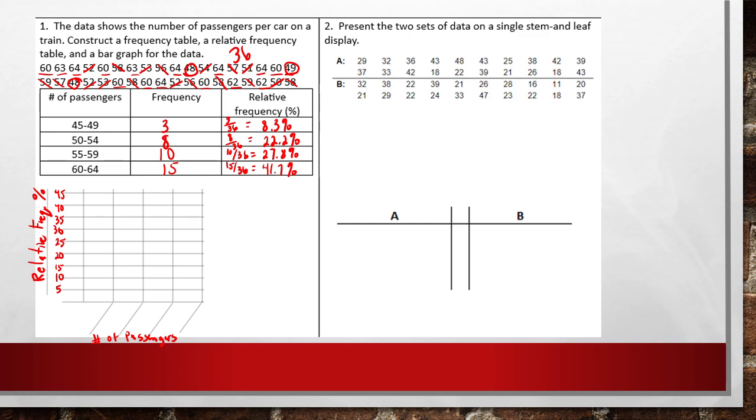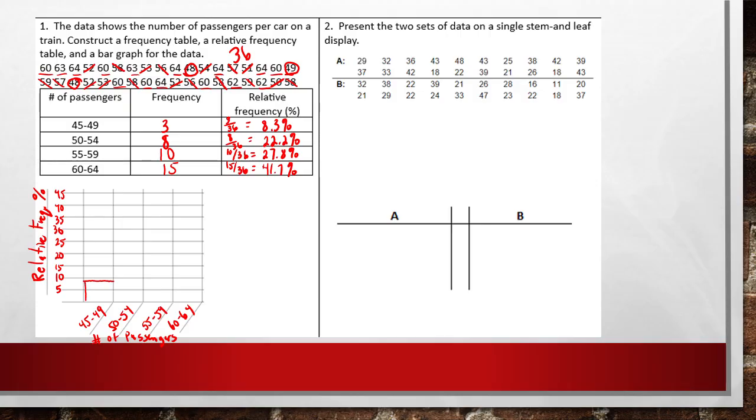Okay, so for our first category, it's 45 to 49. Second category was 50 to 54. Third category, 55 to 59. And then we had 60 to 64. And then we're just going to go up about as high as it would be. So like 8.3%.